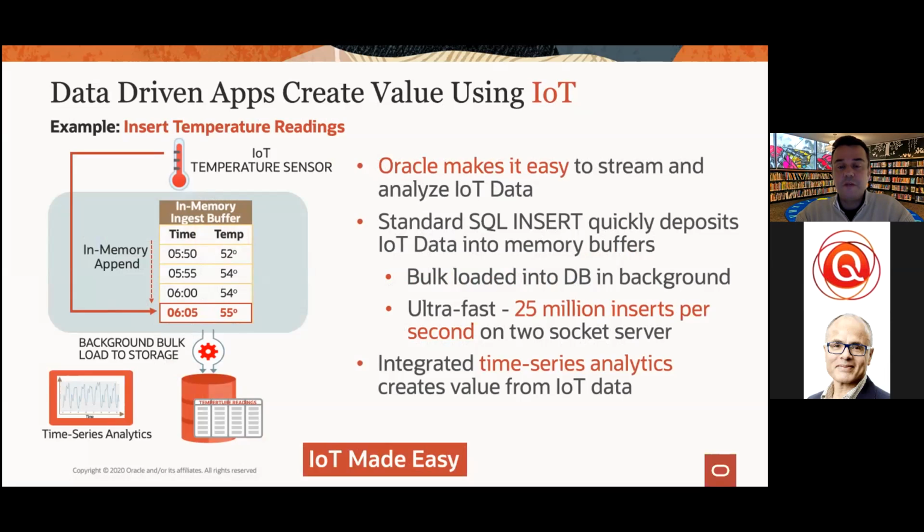We have experienced 25 million inserts per second with just a 2-socket server. And this data can be used for the real-time analytics I described in the previous slide. So it's very easy to use.